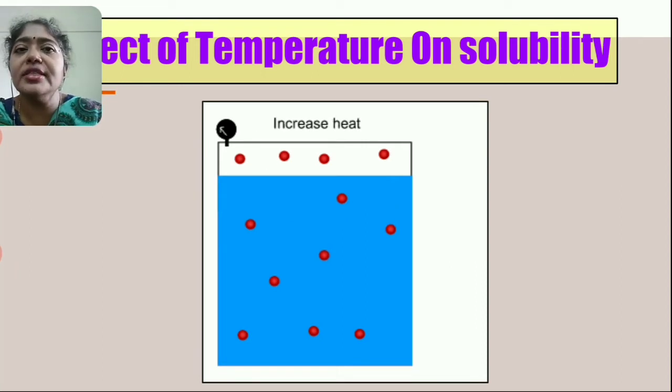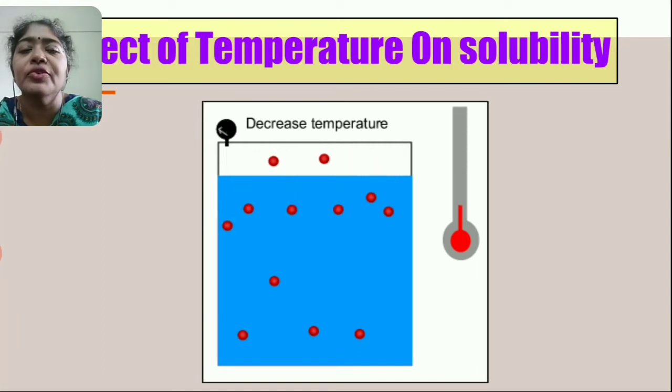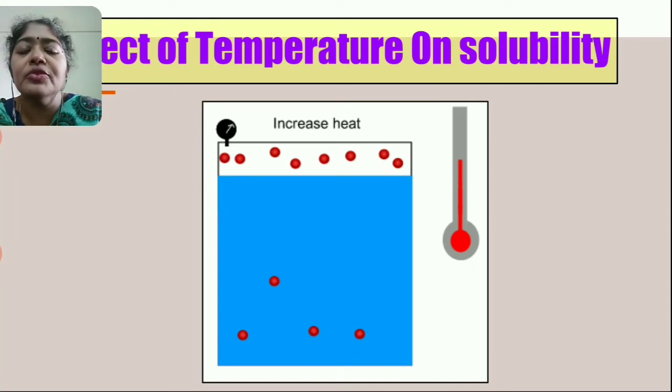A simple example of this: when you keep water on the gas for boiling, you must have observed that as the temperature of the water goes on increasing, you see bubbles appearing on the surface and disappearing into the atmosphere. So what are these bubbles? These are nothing but the dissolved gases present in the water that escape into the atmosphere, because as the temperature increases, the solubility of these dissolved gases in the water decreases.